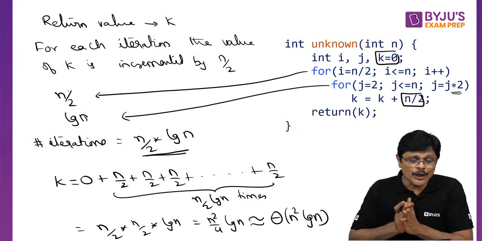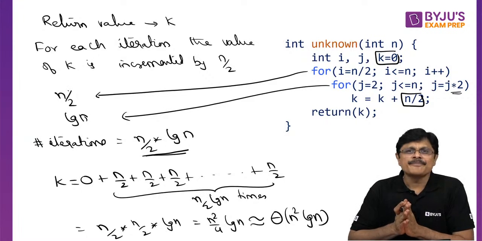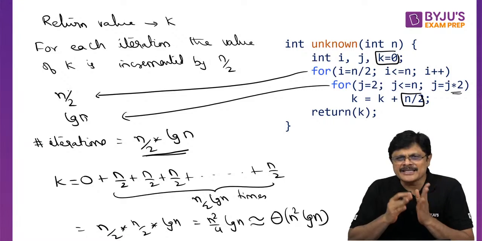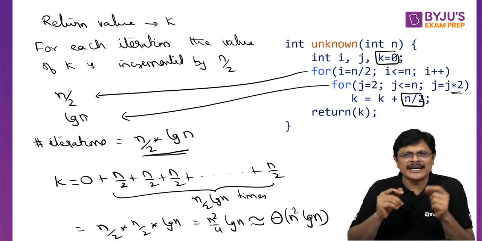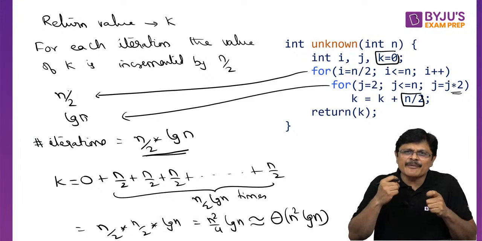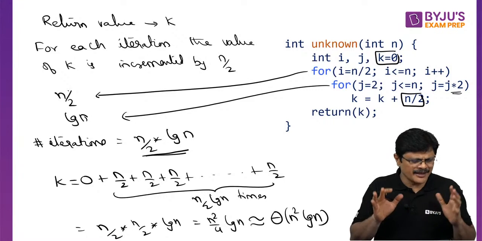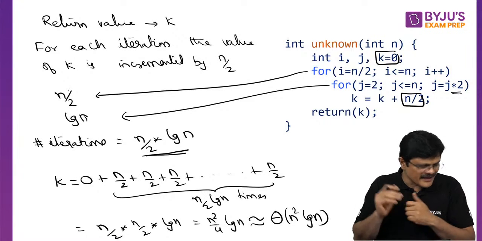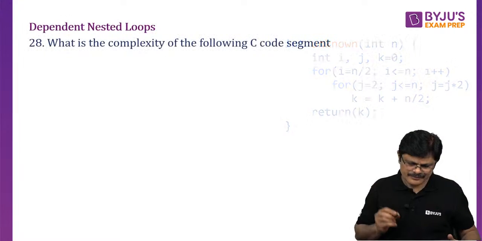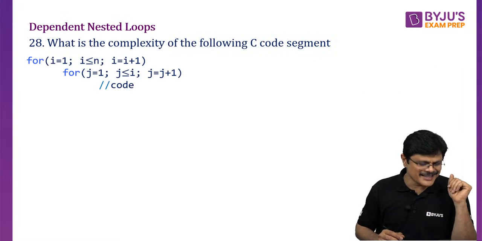Now I am moving on to the dependent nested for loops. One important idea, along with the general problems we do. I'll tell you one important idea, and we can close after 3-4 problems; it can help you in solving almost all problems. Let us try that. The dependent nested loops.